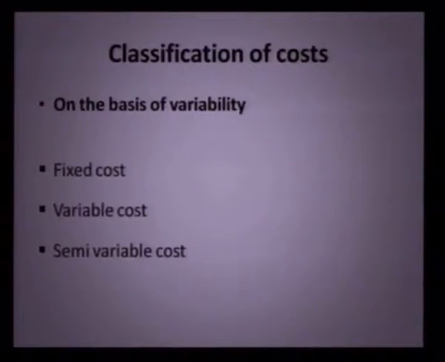Fixed costs are those costs which are not related to the quantity of production, which remain fixed even if you produce one item, even if you produce 1000 items, or even if you do not produce. These costs do not change with the change in production. So the cost which is there at zero production is known as the fixed cost. Without producing any goods, that cost we have to bear.